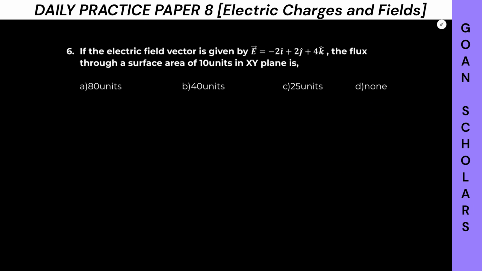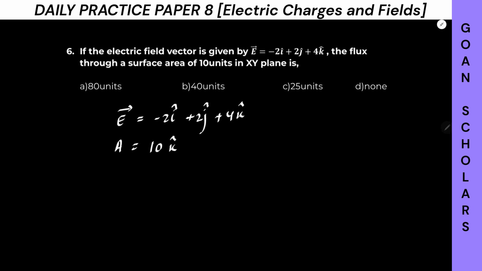If the electric field vector is given by this much, now it is the XY plane. So that was the last part, but here they have changed the area also. The electric field here is minus 2i plus 2j plus 4k cap. And what's the area? Area is 10 units, and 10 units in which plane? XY. So which one is perpendicular?